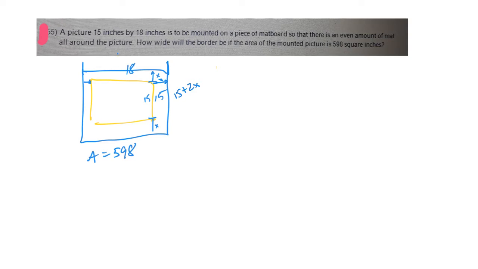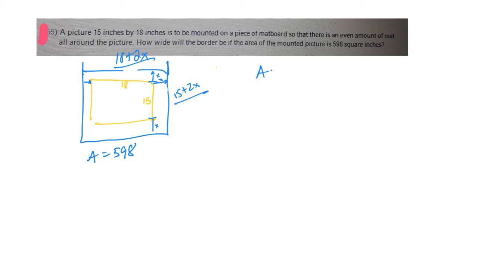So the big side would be 18 plus 2 x's. I maybe should have put those in yellow instead of blue. So this side is 18, this side is 15. So if you add 2 x's, then you get this. If you add 2 x's to that side, you get that.